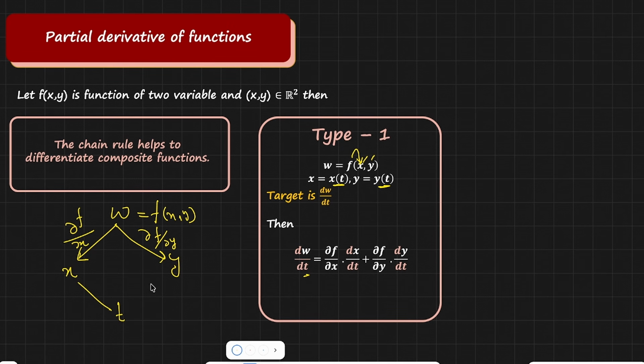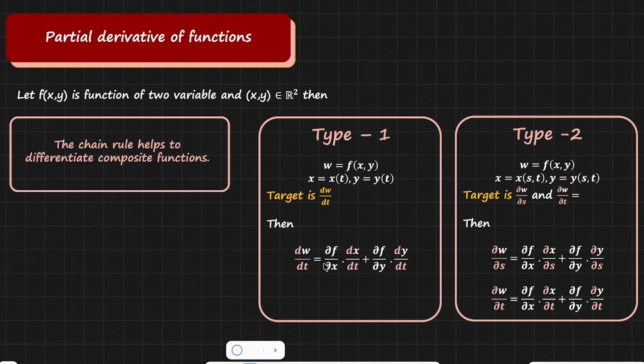Because x is depending on t and y is depending on t, with only one independent variable, I will find dx by dt and dy by dt. Now you multiply these and then take the addition. So this will be your formula: ∂f/∂x into dx/dt plus ∂f/∂y into dy/dt. This is how you can write the formula.